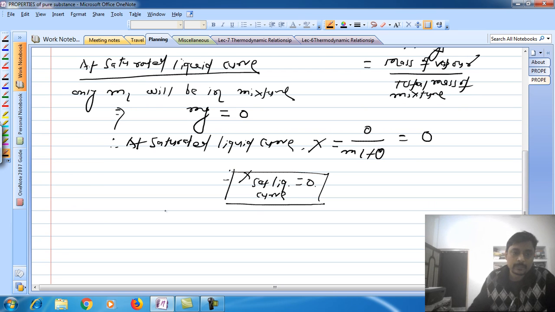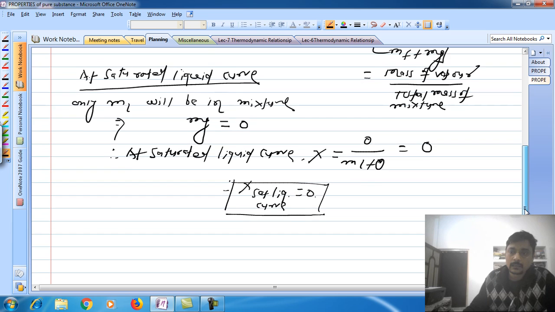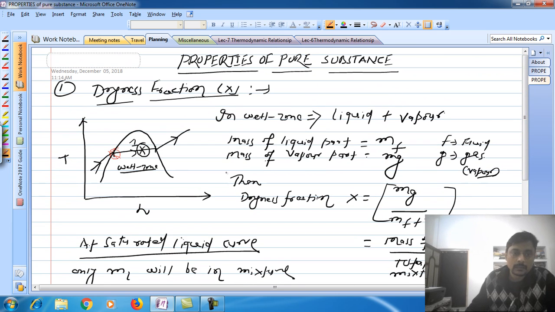Similarly, this is our next point. This point lies on the saturated vapor curve.